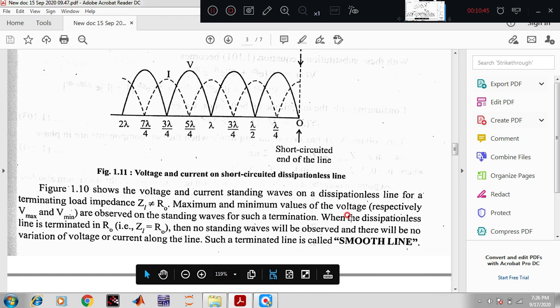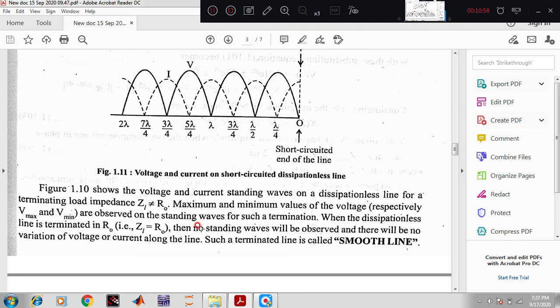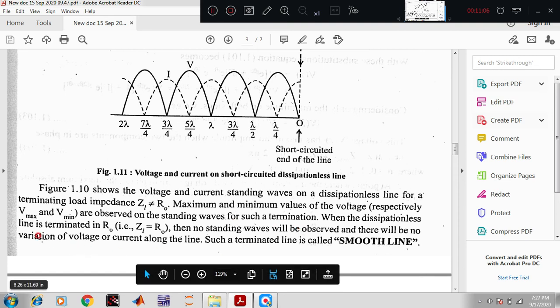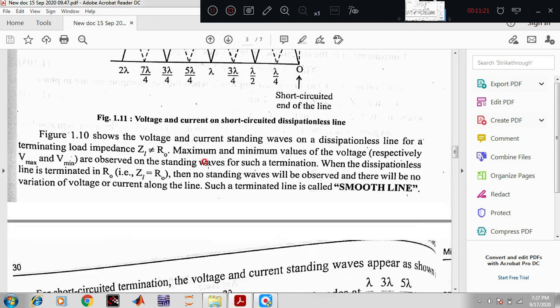So when ZL is equal to R0, there is no combination of incident and reflected waves, so there are no standing waves. Therefore there will be no variation in the voltage as well as current along the transmission line, and such a terminated transmission line is known as what? A smooth line, because there is no change in the amplitude of voltage as well as current, right?